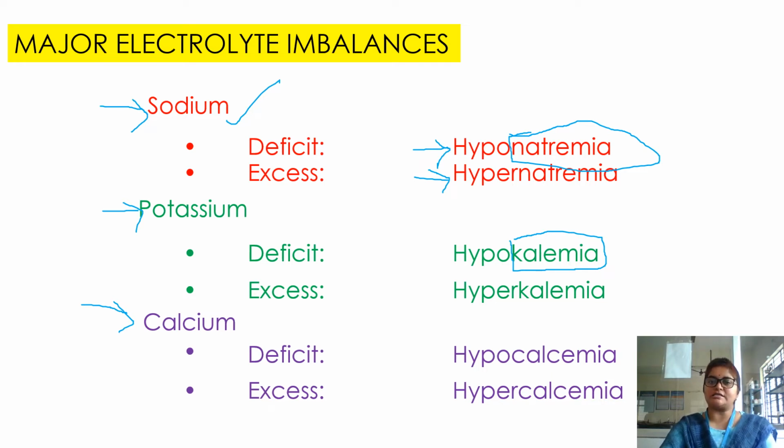So the deficit is hypokalemia and the excess is hyperkalemia. And for calcium, calcemia, the deficit is hypocalcemia, and the excess is hypercalcemia, right?